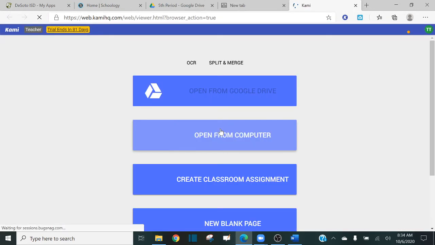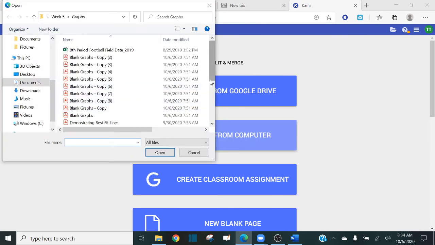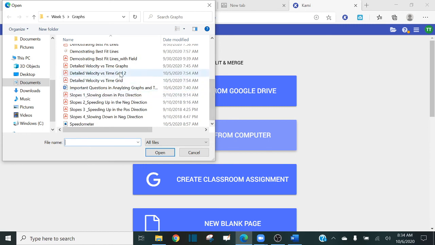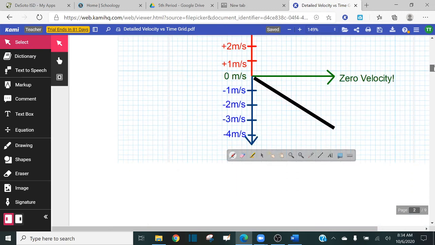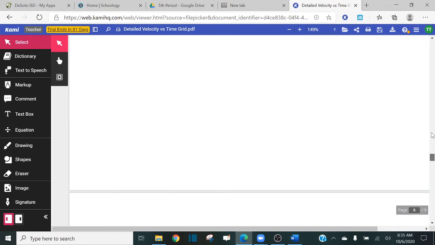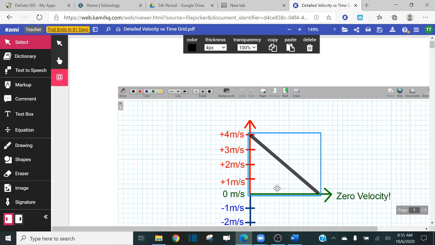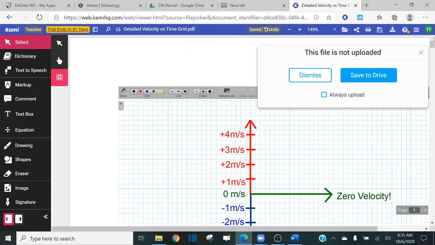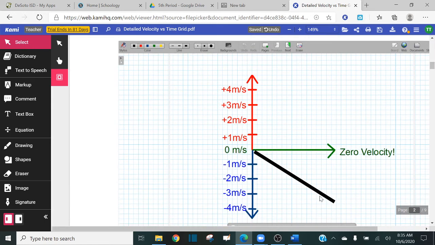Why are these annotations still on the screen? Oh, guys, give me just a second while I delete some things.